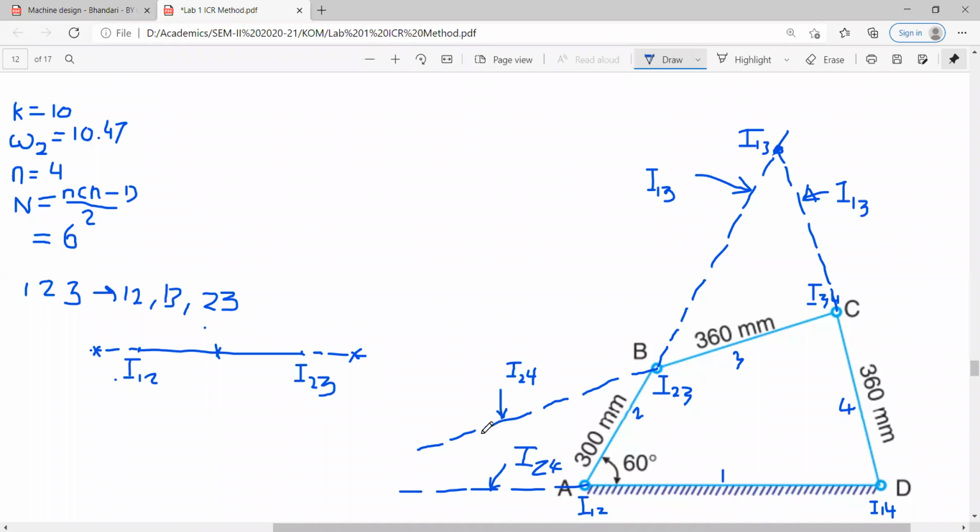So this particular line is also in search of ICR 24. It is also searching I24. So whenever these two lines intersect, that point will be your ICR 24. Okay, I will extend it. Here somewhere I will get ICR 24.